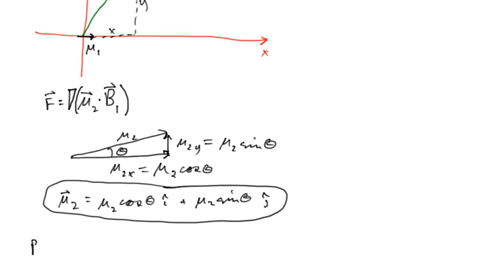Then B1, the magnetic field due to particle 1 being at the origin, having a dipole moment of mu1.